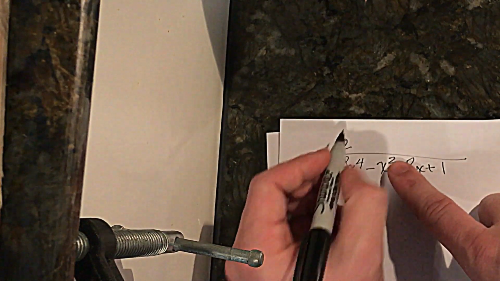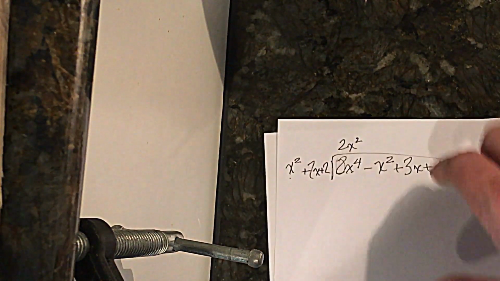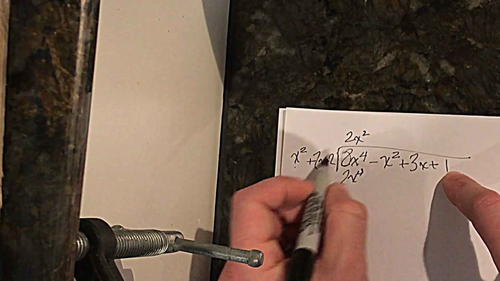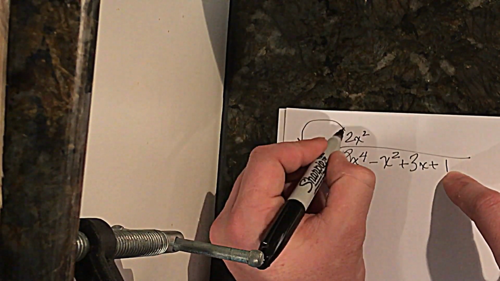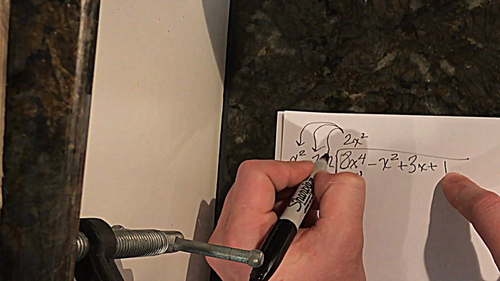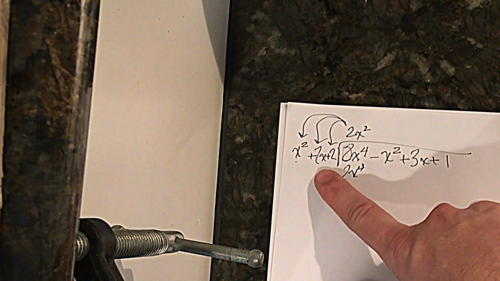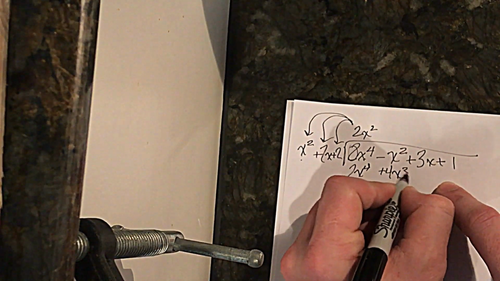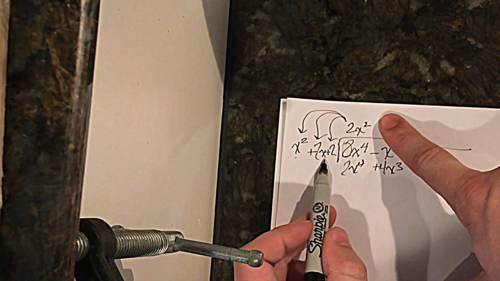So that's what comes up here. 2x squared times x squared is 2x to the 4th. And then we're going to distribute like that. So we're going to have 4x cubed and then plus 4x squared.